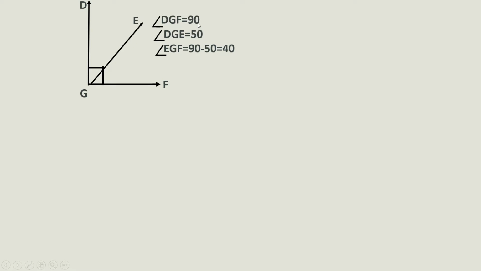DGF is 90 degrees and DGE is 50 degrees. We have to find the value of EGF. Now, since we know that DGF is 90 degrees and DGE is 50 degrees, we just subtract 50 from 90, which gives us 40 degrees.